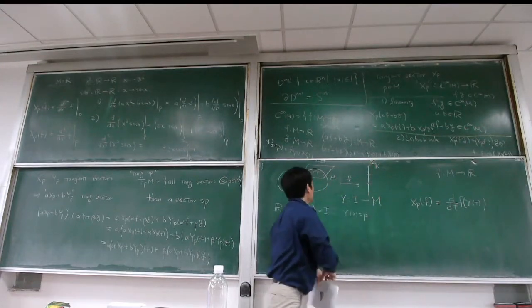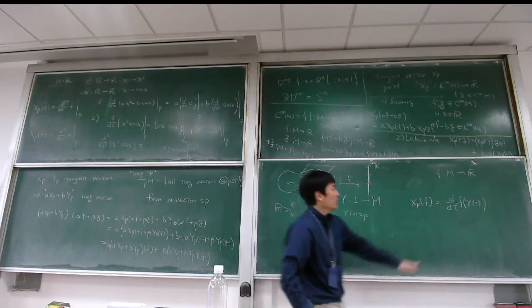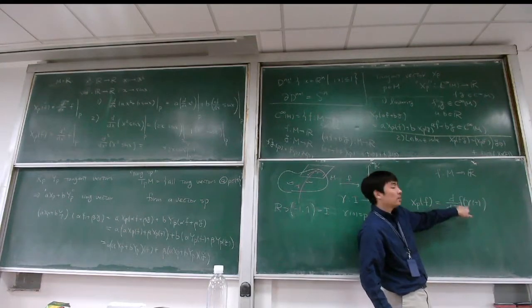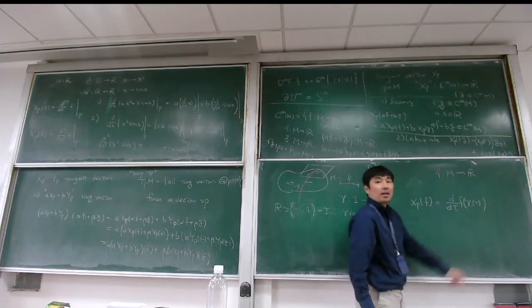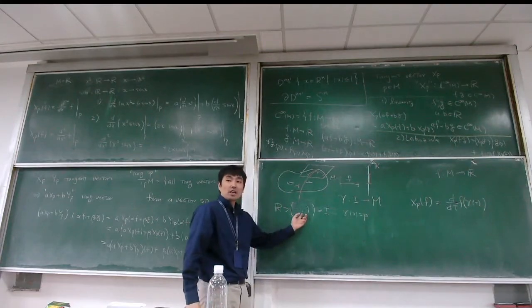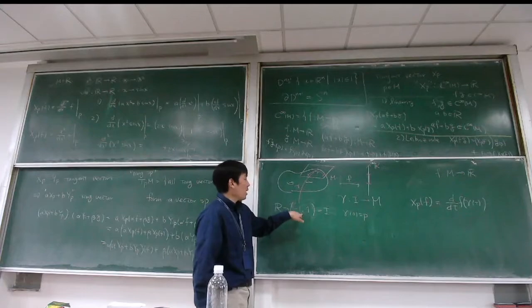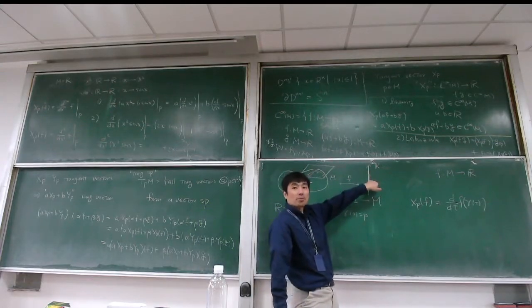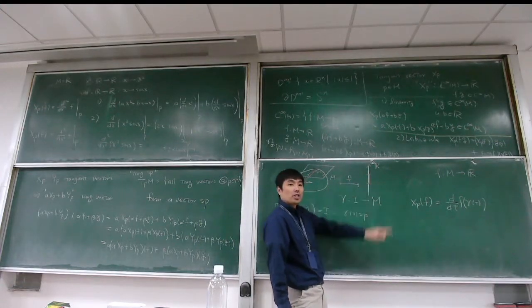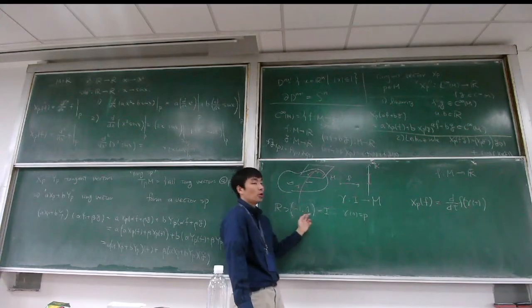So this composition, f of gamma of t, where t is an element in this segment, minus 1 to 1, is mapped by the composition of the maps. So it's a map from the segment to R.